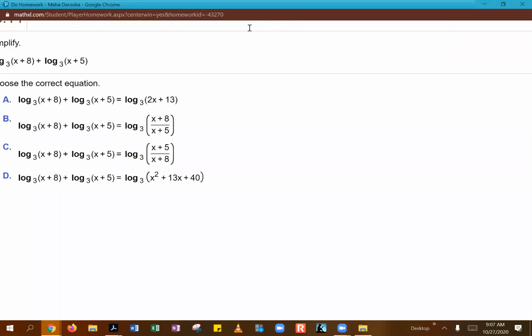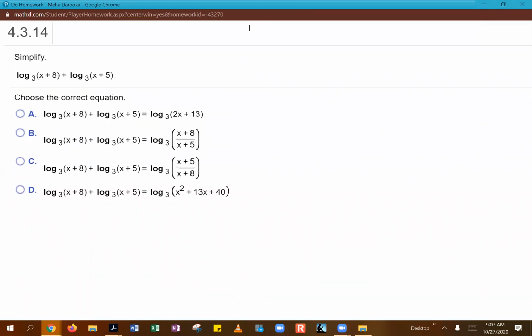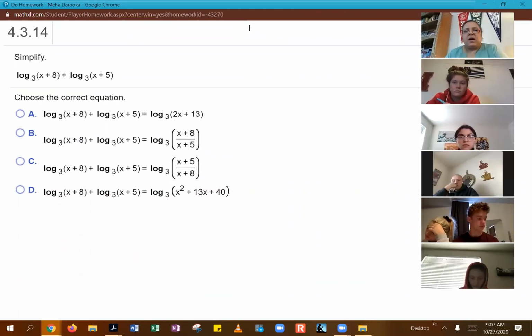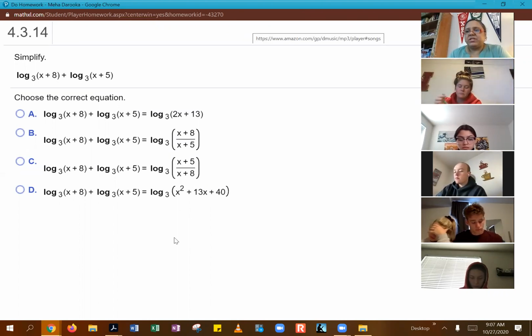You know, it can be in a form like this also. So again, using that same idea of the product rule, let me see which answer do you think would satisfy this example here.